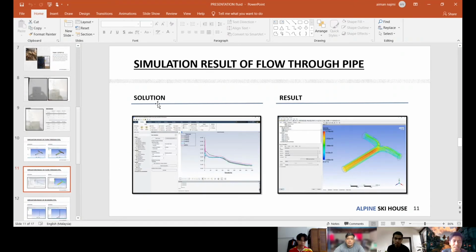Okay, this solution for the flow through pipe. We can see the graph for residuals. The colors are turquoise, purple, and green. Okay, for the result, the red color is the maximum velocity streamline, which is 3.77 power of 6, and the minimum is 0.00 power of 0.